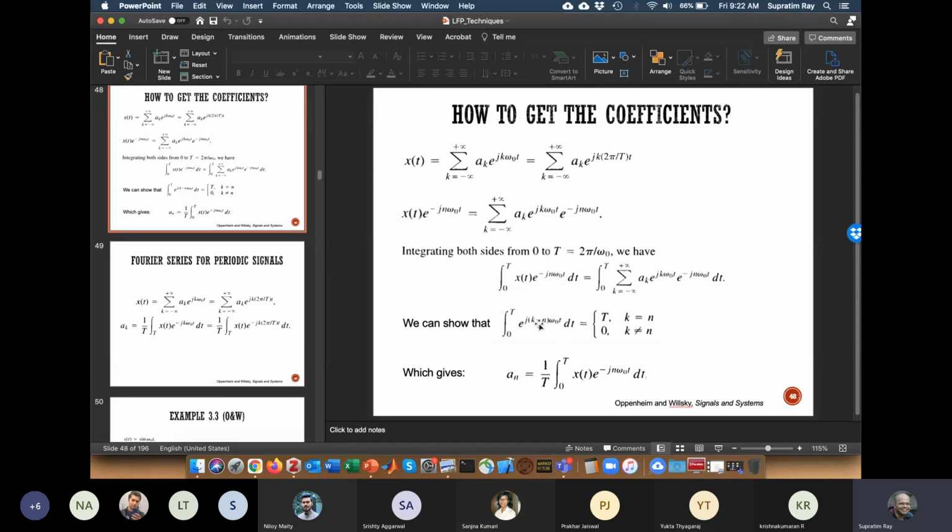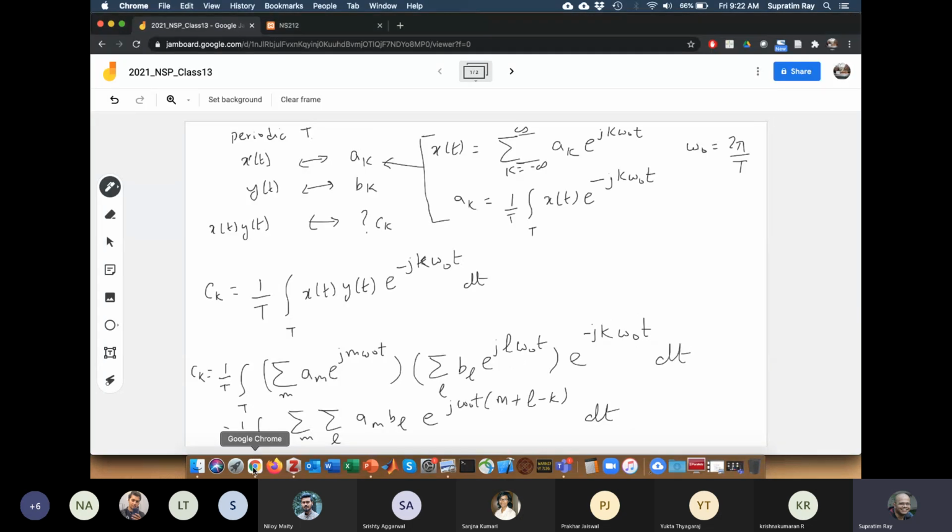And as long as it's non-zero, one cycle or two cycles or three cycles, it doesn't matter how many cycles, they always integrate to zero. We did that in the last class. But when k is equal to n, then this is just T. At the end of the day, we'll see that this thing keeps coming up in different ways, and this is the only important thing that needs to be understood for us to solve things.